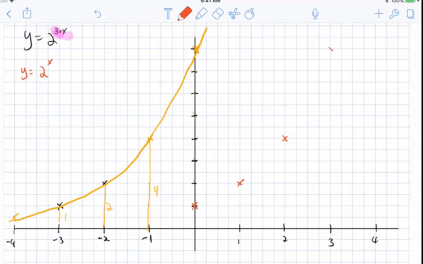And then it goes down by half, and then a quarter. Okay. Let me try to draw a graph of this.